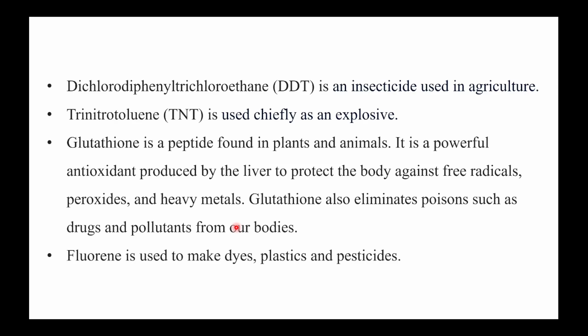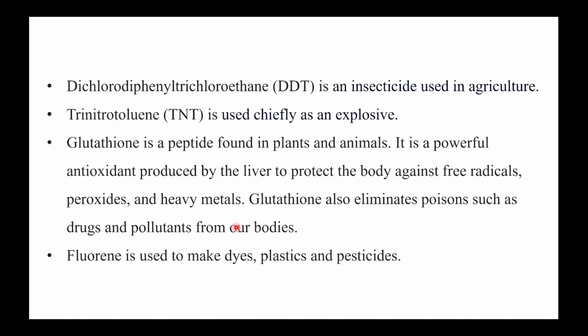Then trinitrotoluene is a very commonly used chemical in explosives, mostly used by military systems. TNT accumulation is also a very big pollution problem, because TNT cannot be degraded very easily, so it remains in the environment and ultimately causes pollution.